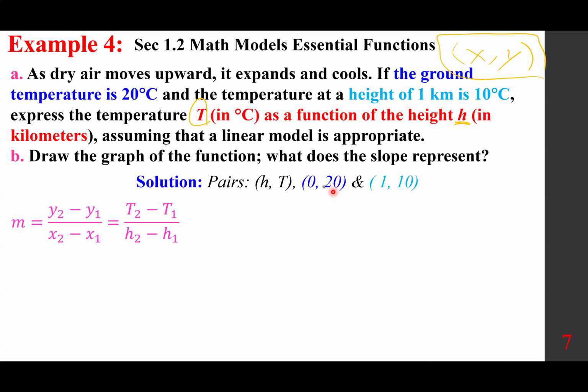So 10 minus 20 is the numerator, 1 minus 0 is the denominator, which makes it -10. Units of the temperature over the units of the height, just units of the top over the units of the bottom. Degrees Celsius per kilometer.